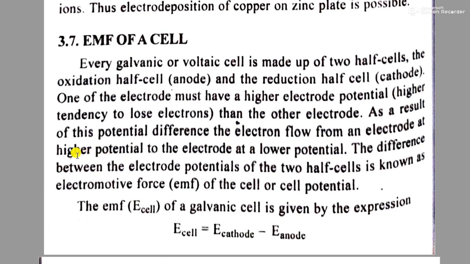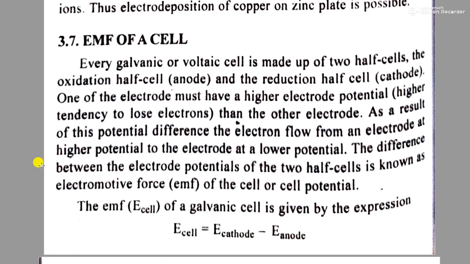So this is similar to all other cases, like if a higher pressure region and a lower pressure region are coming in contact, gas will flow from a higher pressure region to a low pressure region. Similarly, if you are mixing two solutions of different concentration, the molecules or the ions will flow from a higher concentration region to a lower concentration region.